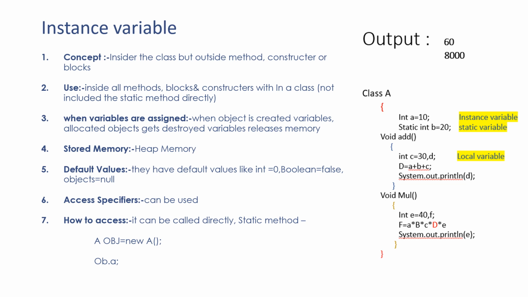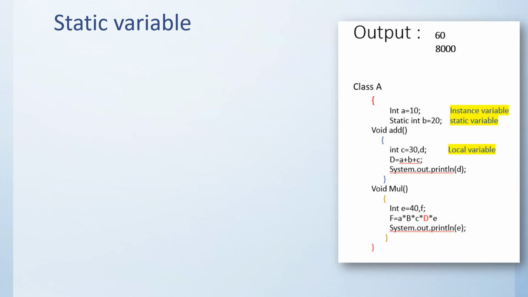I guess you have some clarity about the instance variable. Now discussing the static variable. Blindly, we can see in this program that whatever has been marked static will be a static variable.